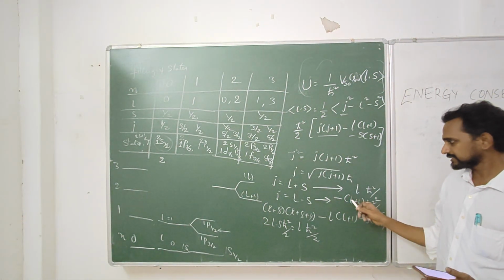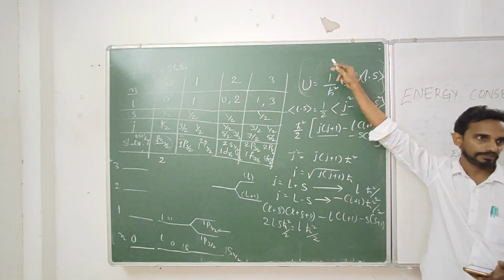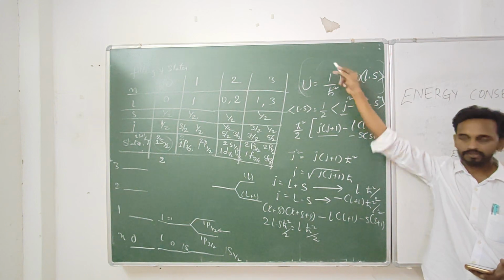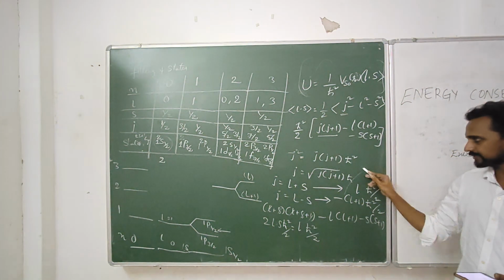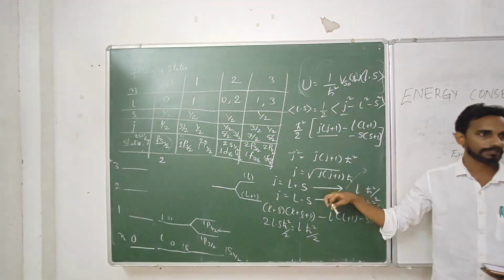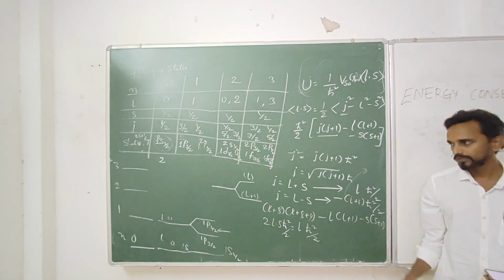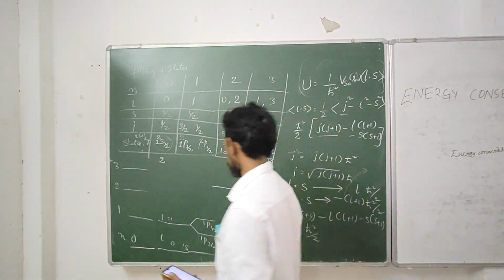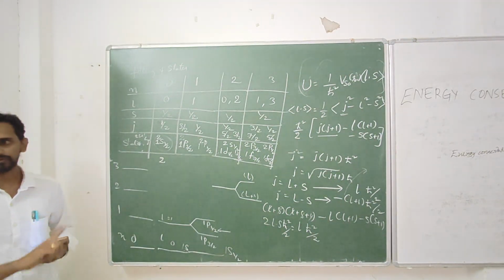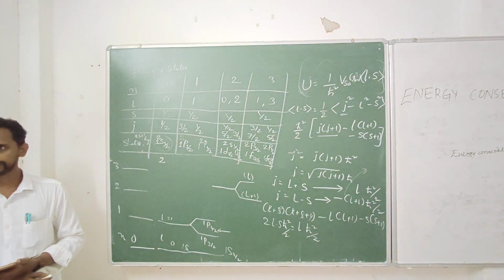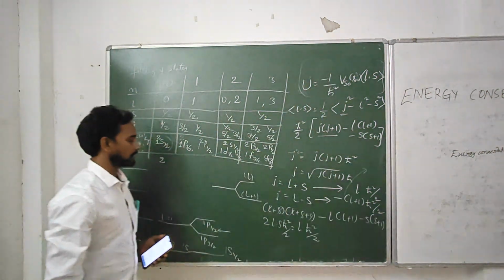So J L minus S has a negative contribution, so it will rise the energy. So L minus S energy level will rise up because it is subtracting. Ultimately, L minus S term will rise the energy, and L plus S term will reduce the energy. So whatever higher J values will fall down, 1p 3 by 2 lower, 1p half energy will rise. It is a negative term.